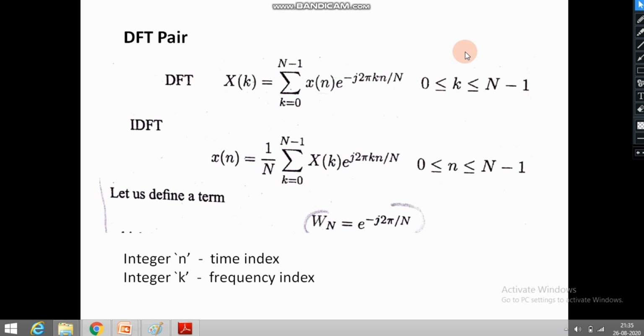Thus this explains the DFT pair. X(k) is the DFT of x(n): a discrete signal in the time domain is converted to the corresponding discrete frequency domain signal by the DFT, and the discrete frequency domain signal X(k) is obtained by using the equation.